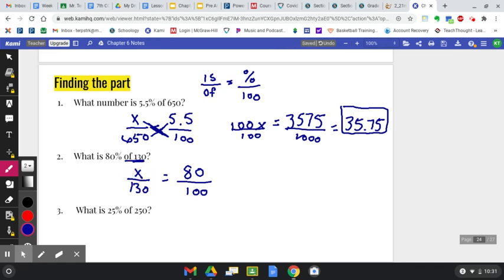So just going into this problem, I should know I'm looking for 80% of something, which means that this has to be less than the whole. It has to be less than 130. That should give you a little bit of help going into the problem. Okay, so take a minute and do your cross multiplication and see what is that number that's missing.